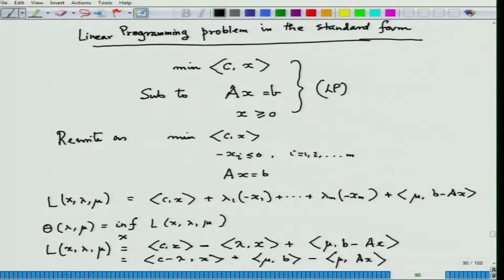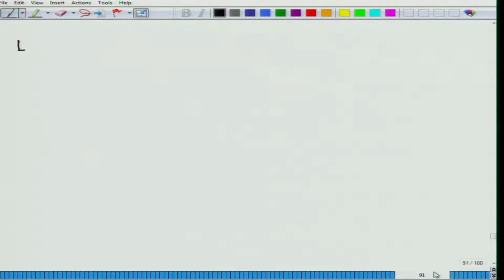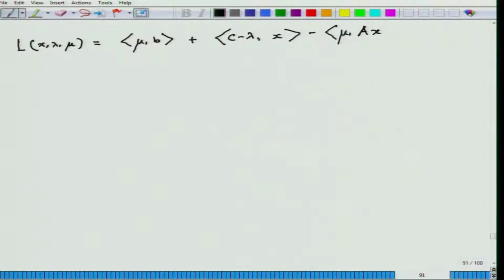This will be as follows. Then again mu b minus mu A x. See, I am gradually coming towards a neater form.